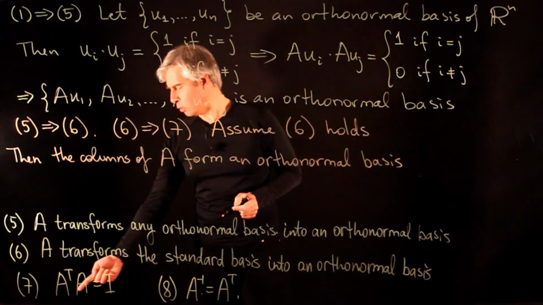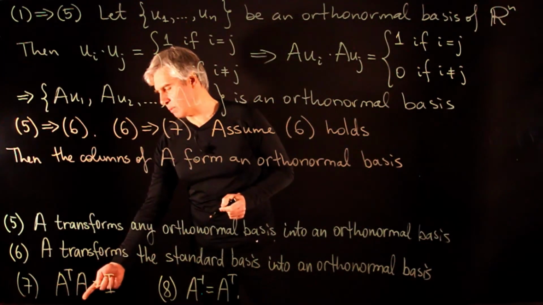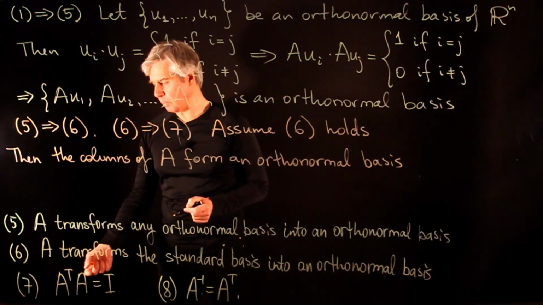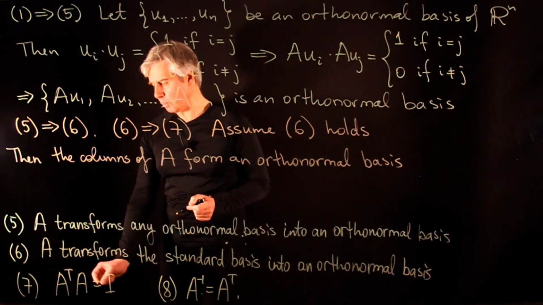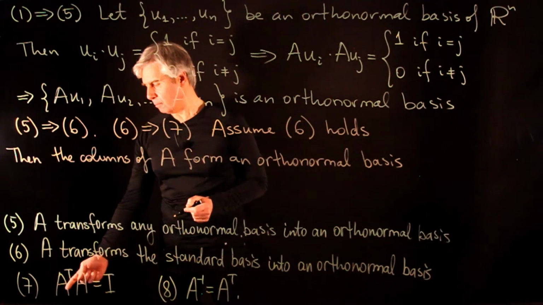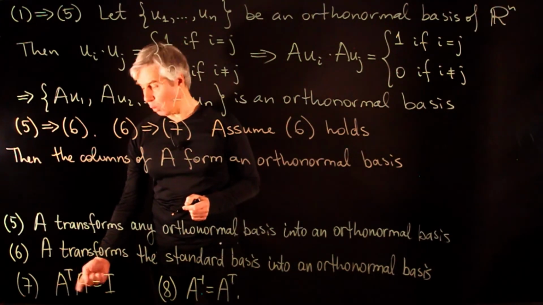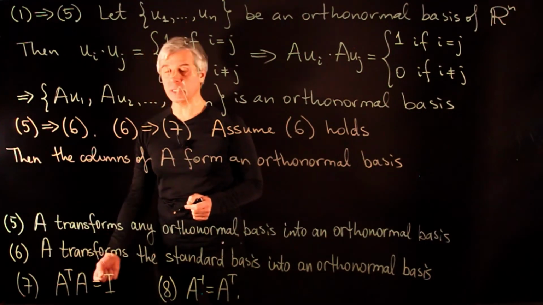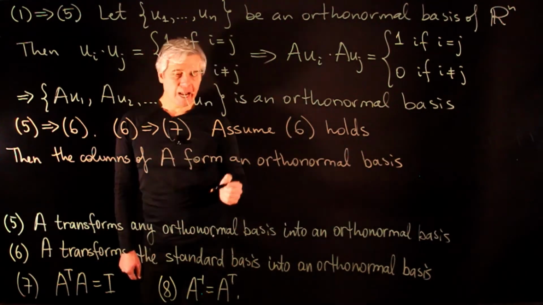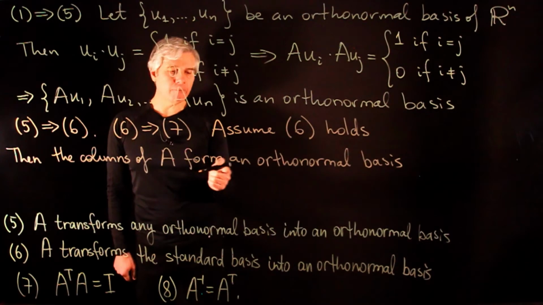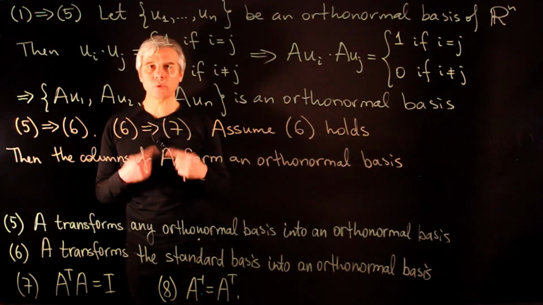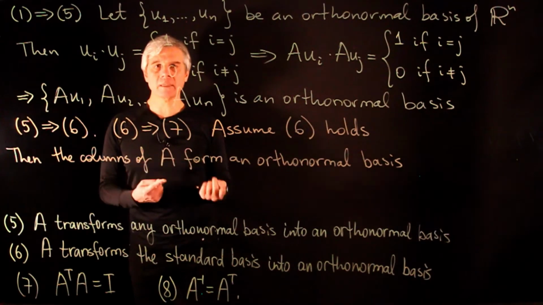But now let us look at the product, A transpose times A. When we take this product, we take rows of A transpose and compute the dot products with columns of A. But the rows of A transpose are columns of A. So here we're computing dot products between different columns of A. And because the columns of A form an orthonormal basis, when we take the dot product of two distinct columns, we'll get 0.